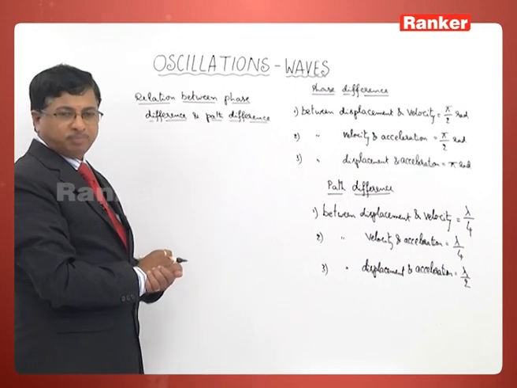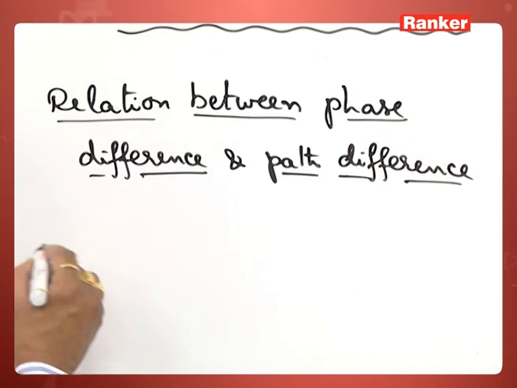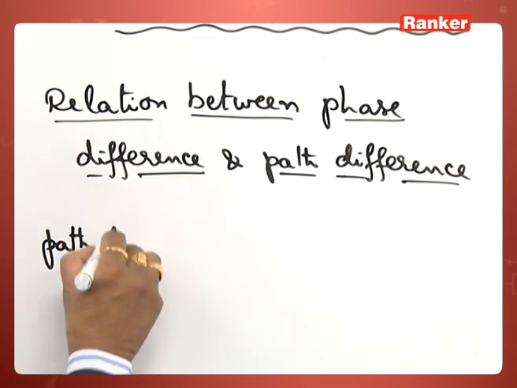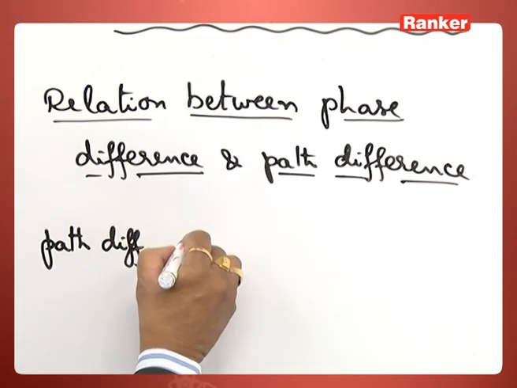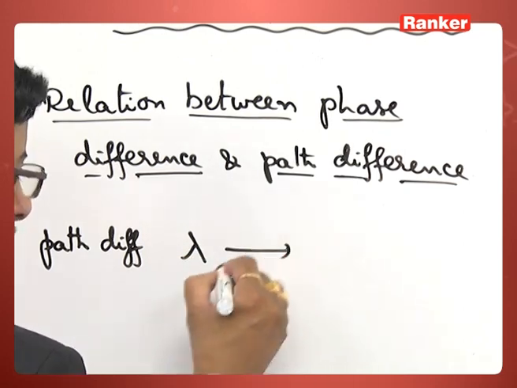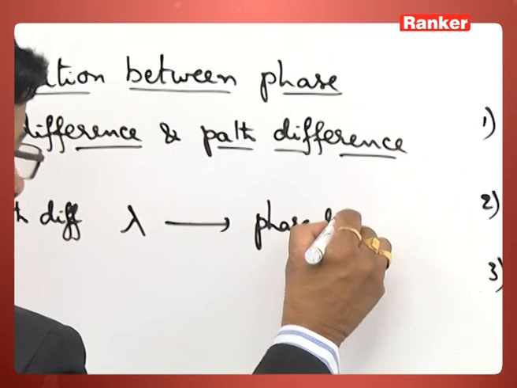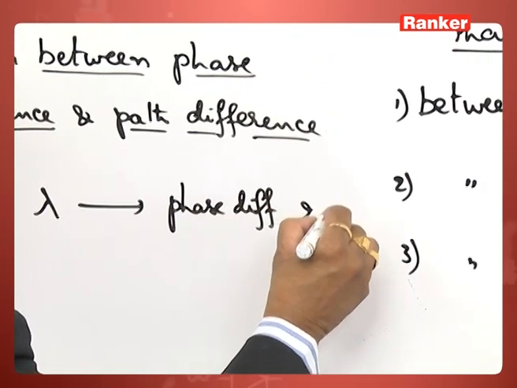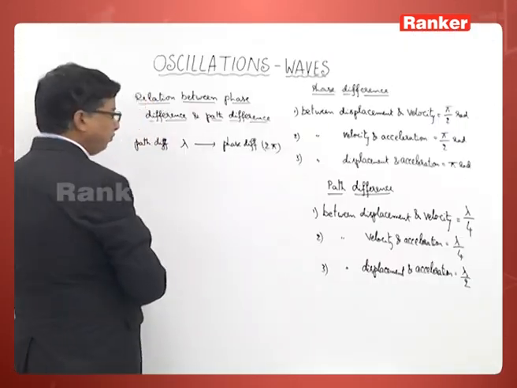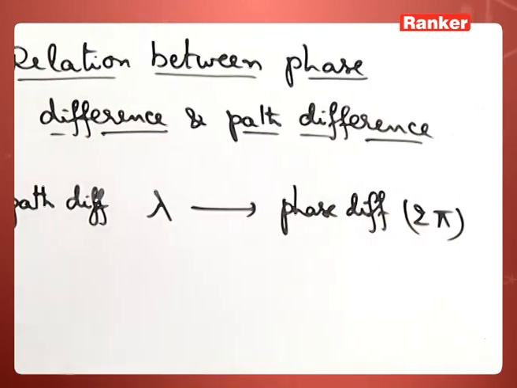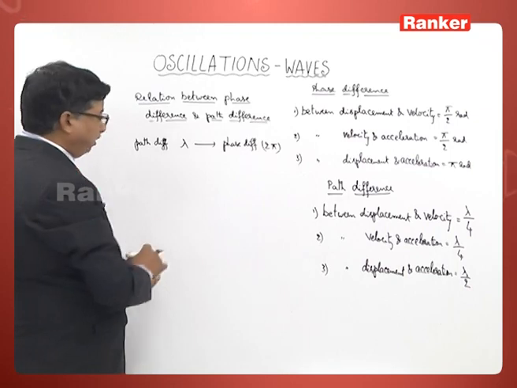So, what we can understand, for a path difference of lambda, the corresponding phase difference will be 2 pi radian.